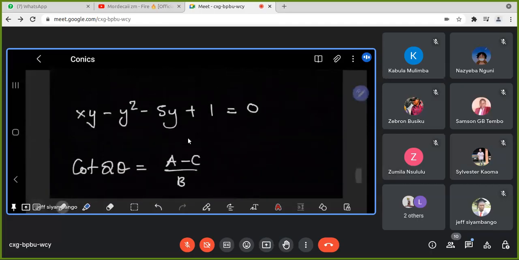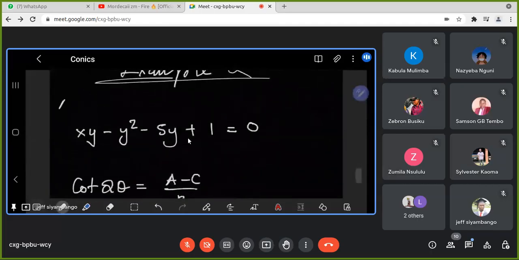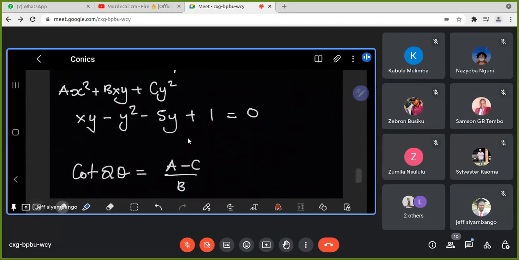So in this case, what is our A? We know that the general expression is ax squared plus bxy plus cy squared. Those are the three that we're interested in here. We see that x squared does not show up here, so A has to be 0.